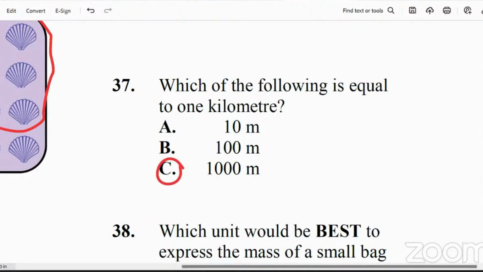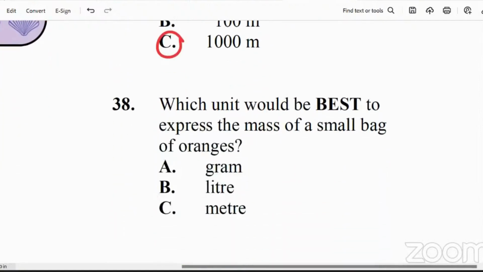All right, question 38. Which unit would be best to express the mass of a small bag of oranges? Would it be gram, liter, or meter? We have to know what each of these units measures. Gram is what you use to measure the weight of things: oranges, rice, chicken.